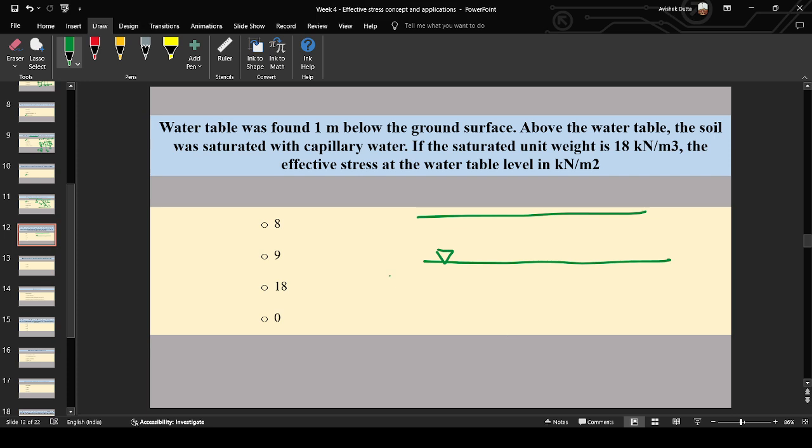Above the water table, soil was saturated with capillary water. So here, this is the capillary saturation zone. That means the pressure is acting upwards. So in this case, we have gamma sat.